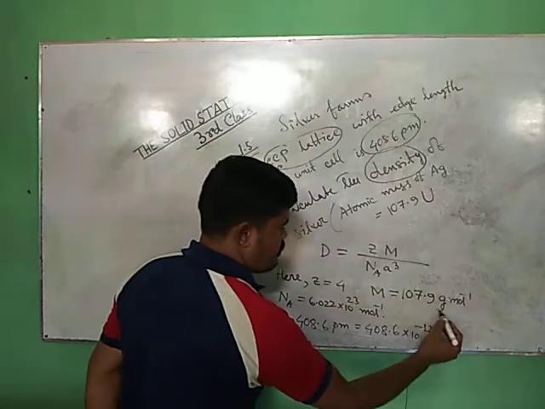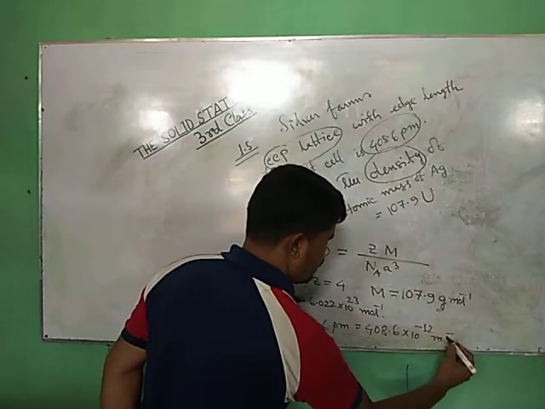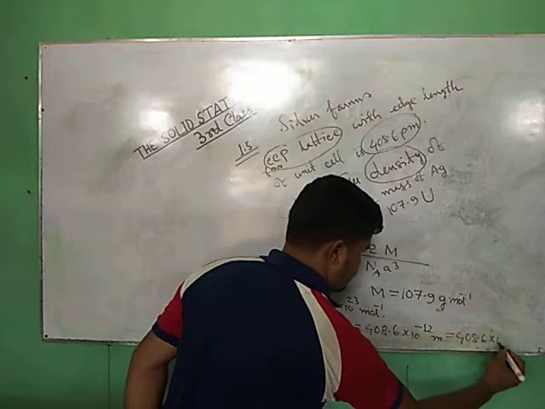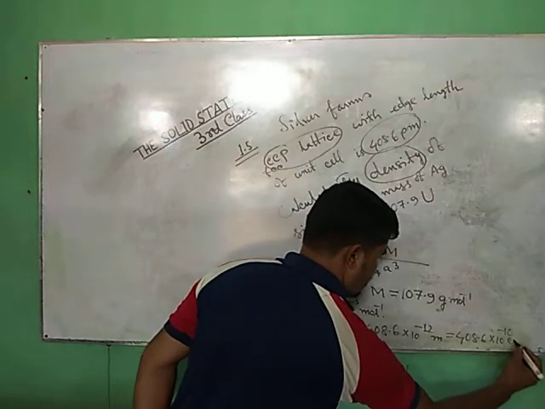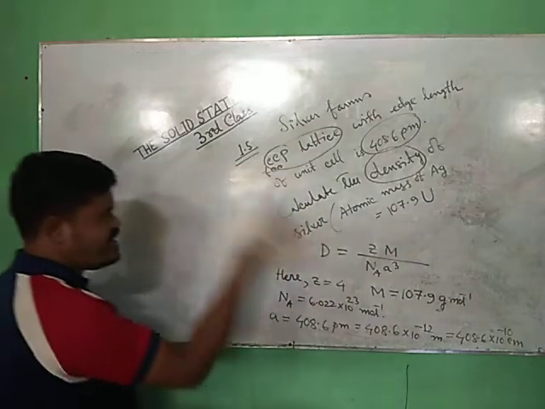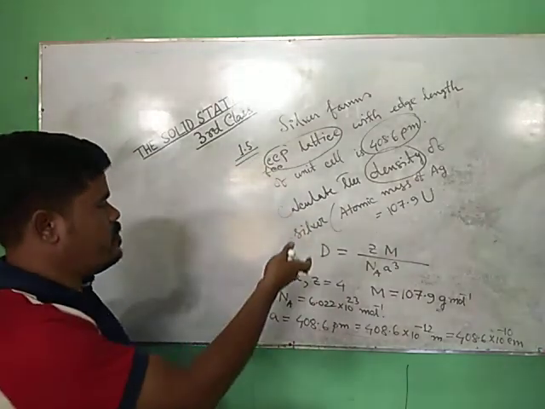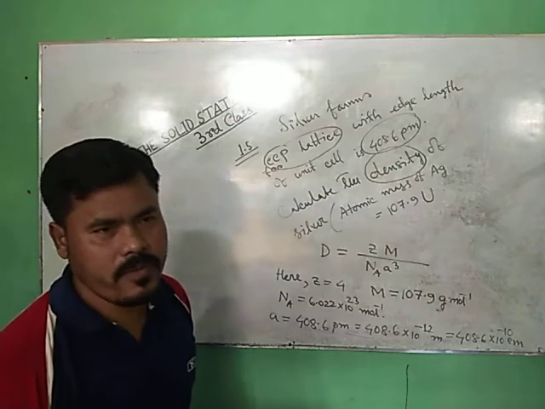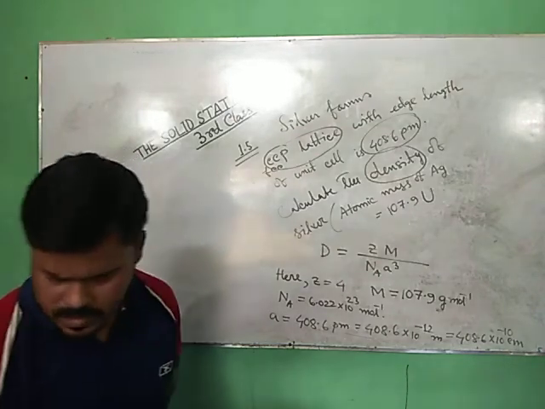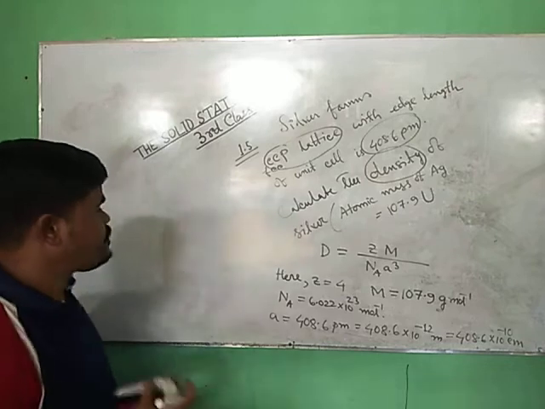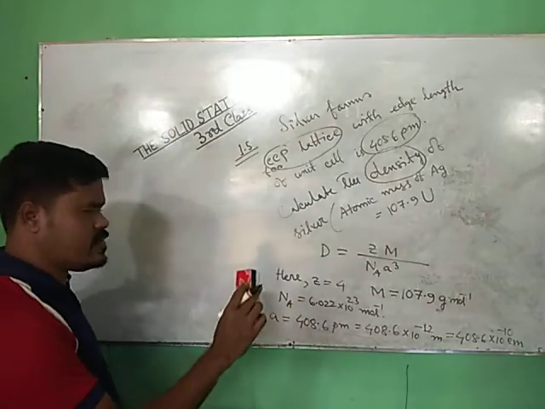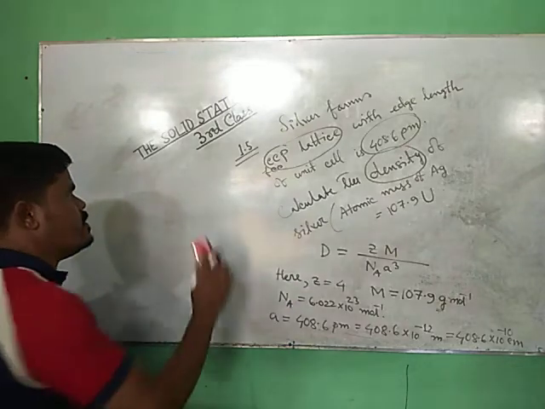You are using gram, so you can convert this into centimeter: 408.6 into 10 to the power minus 10 centimeter. Putting this value, we will get the value of density. There will be no problem, just simple mathematics, nothing but.